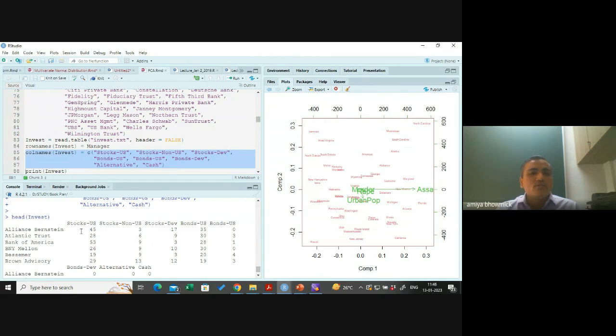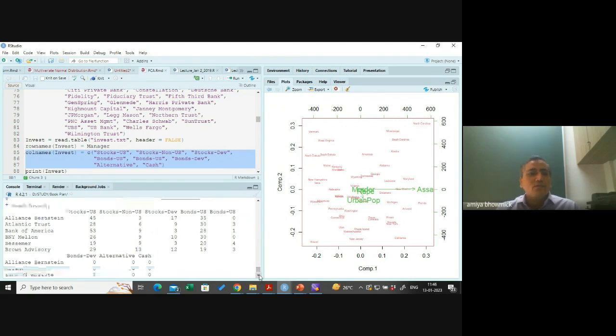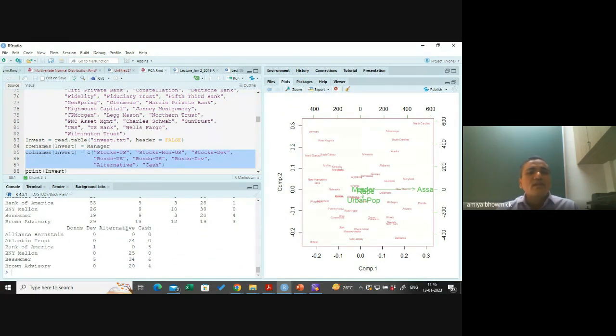The first entry corresponds to US stocks, then the second entry is non-US stocks, right? The third one is some other variable. Then again there are certain things in bonds, US bonds and non-US bonds. I think this one will be bonds non-US. Let me just correct it.